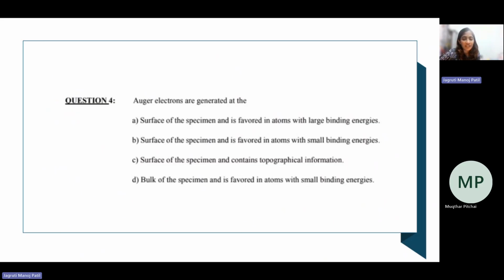Our electrons are generated at where? Are they on the surface with higher energies, smaller energies? Do they contain information about the topology, or are they favored in terms of small binding energies and the bulk of the specimen? We know it comes from the denser ones. From where then?